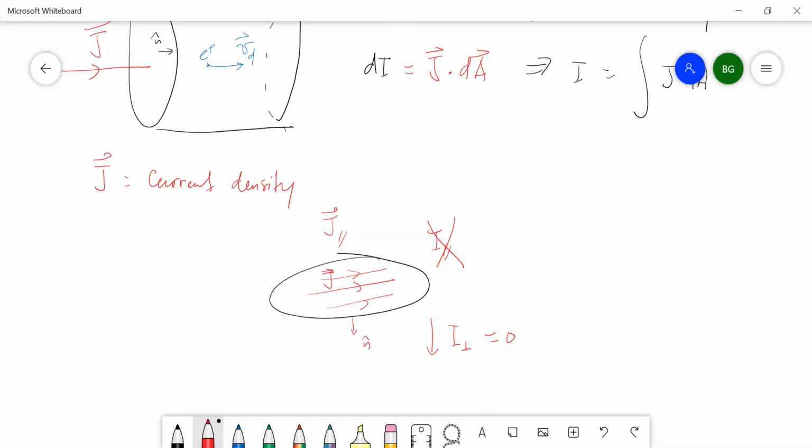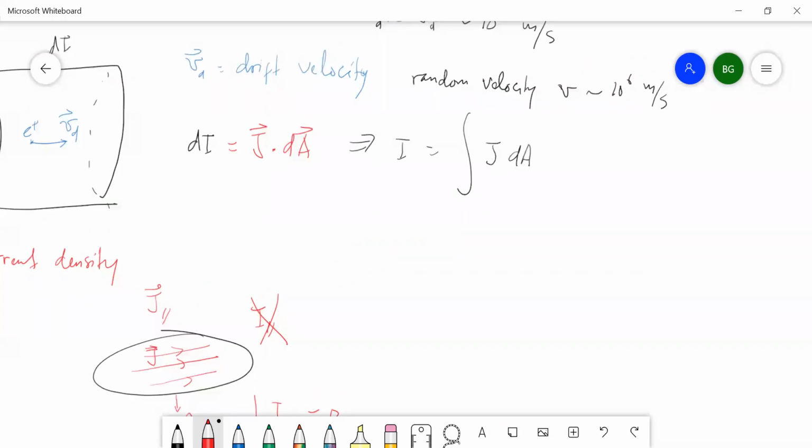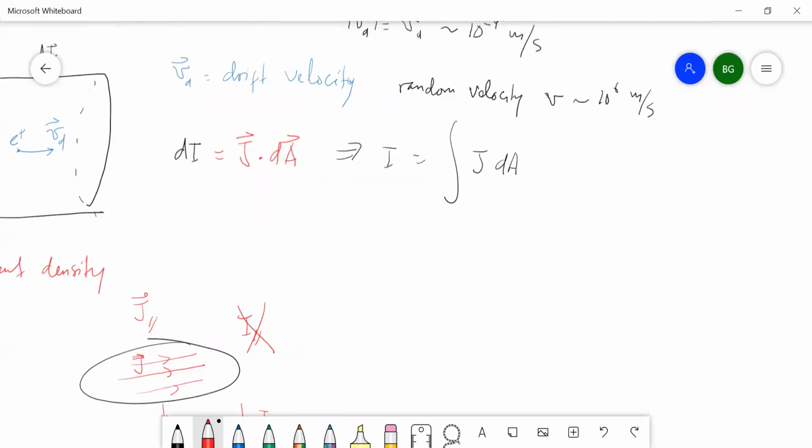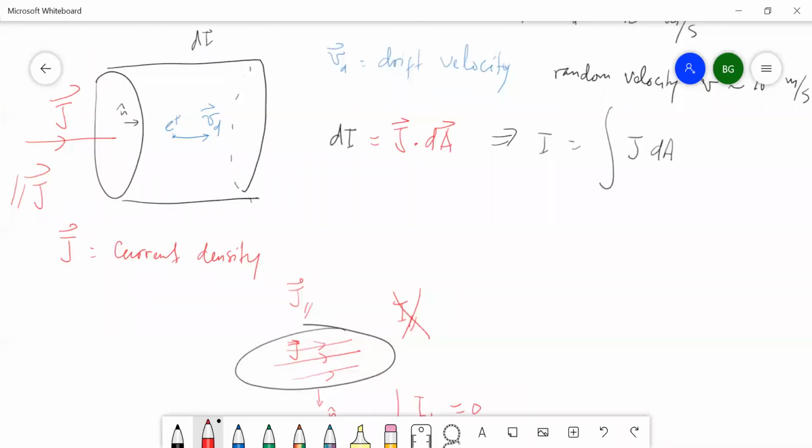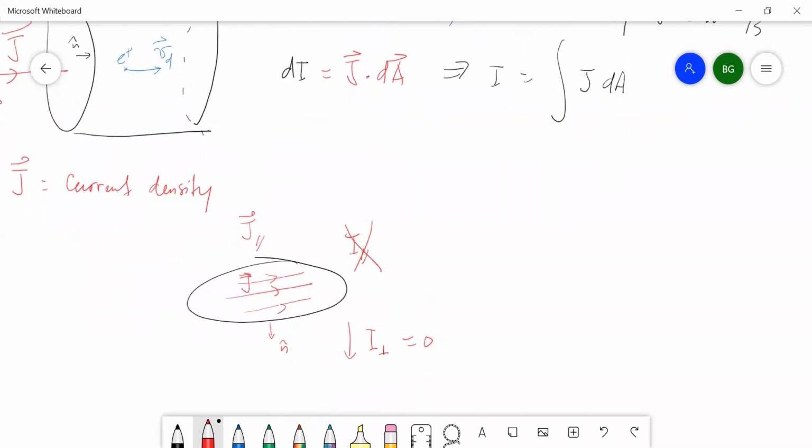Current also depends on J and A. So it should be somehow that N, this normal vector, is parallel to the J, okay? So in this case, we could define the current, but in this case, we cannot, okay?